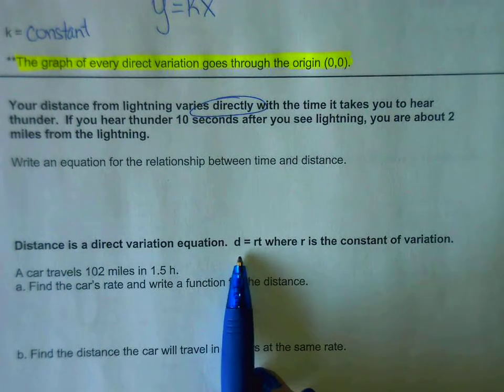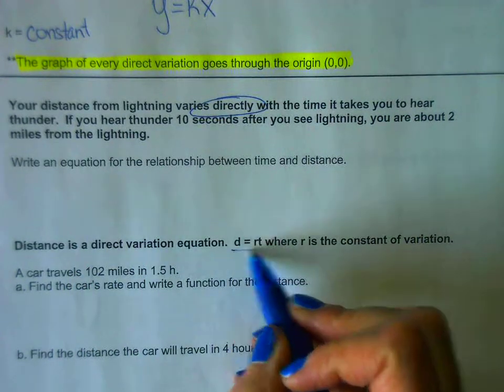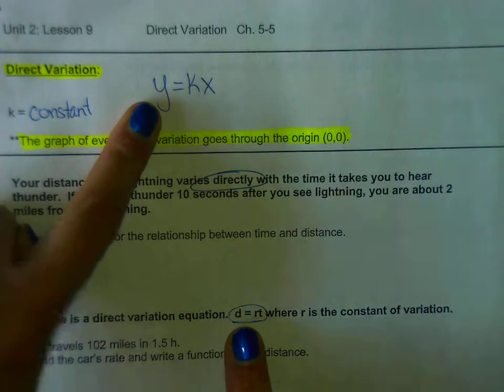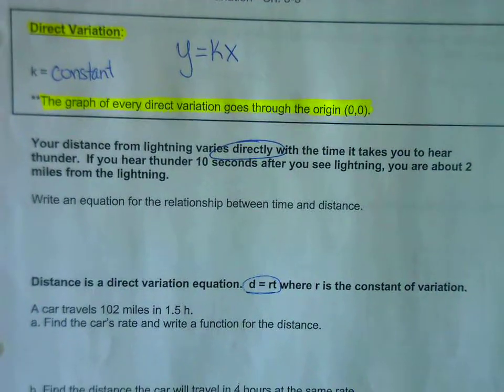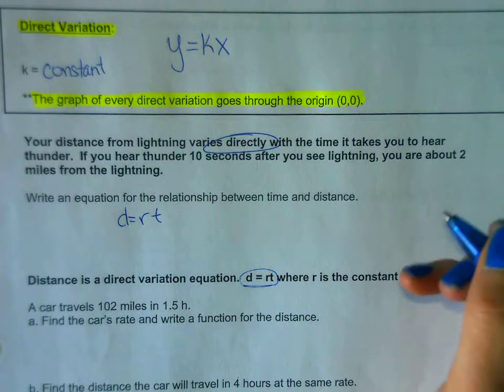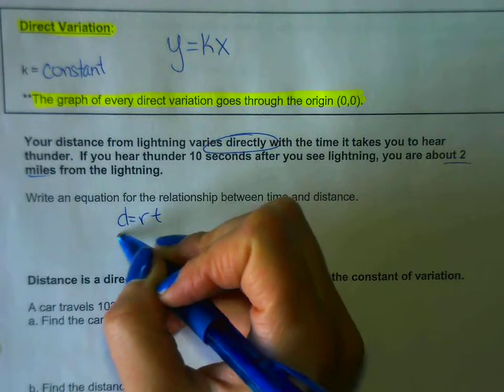So we're actually going to use this down here, that's saying that distance is a direct variation. So we use d equals r times t. We're using our direct variation equation, just using different variables, where r is the constant instead of k. So here, I know the distance was 2 miles.